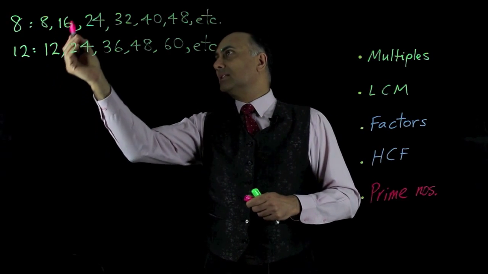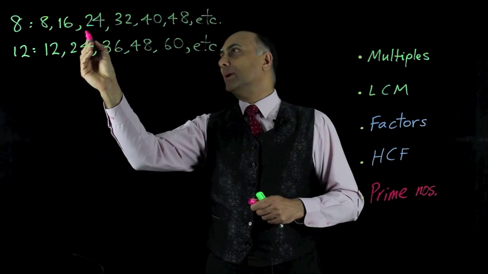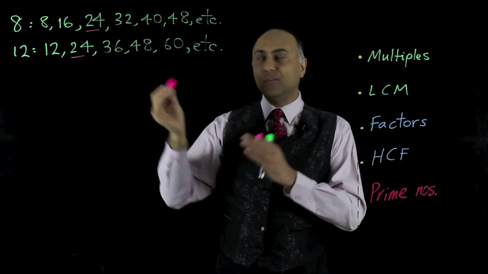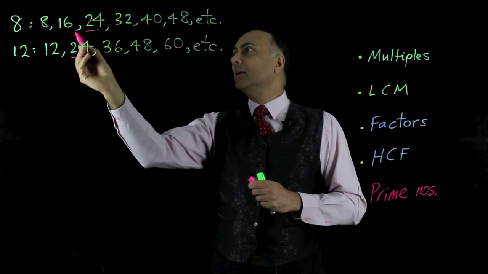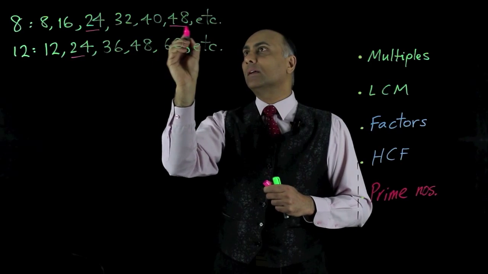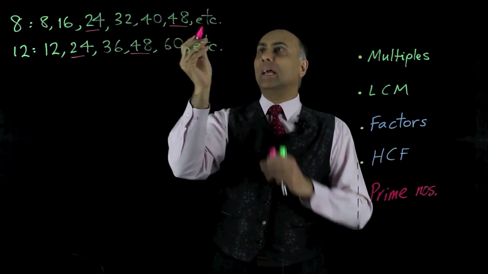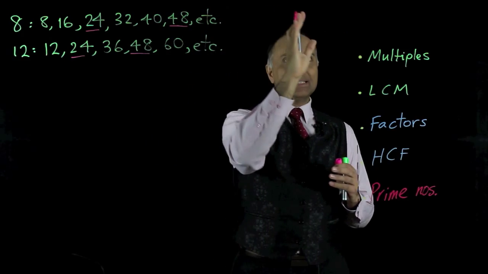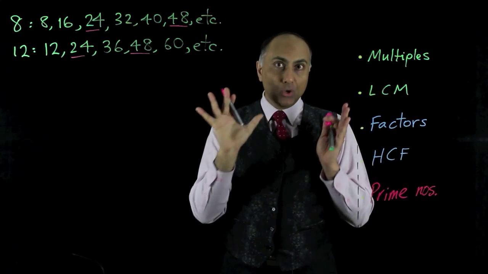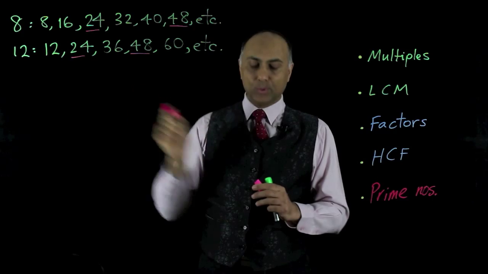Well, let me identify any common multiples that I can find of 8 and 12. Looking at the list, they both contain 24, so 24 is a common multiple. Going further, they both also contain 48, and if I continued my list, we would find other common multiples of 8 and 12.